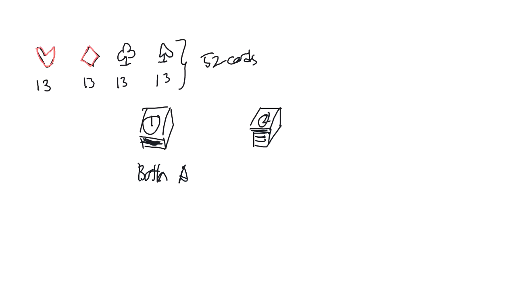So from the two sets, you pull one from the first set, you pull another one card from the second set, and then you get both the ace card. What's the probability? And let's call X.